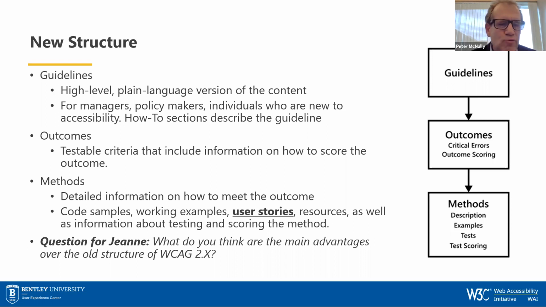These are written for managers, policymakers, and individuals who are new to accessibility. We want to make it easy for beginners, including how-to sections to describe guidance. Guidelines can have one or more outcomes, which are testable criteria that include information on how to score the outcome. And from the outcome, we have methods, which are detailed information on how to meet these outcomes.